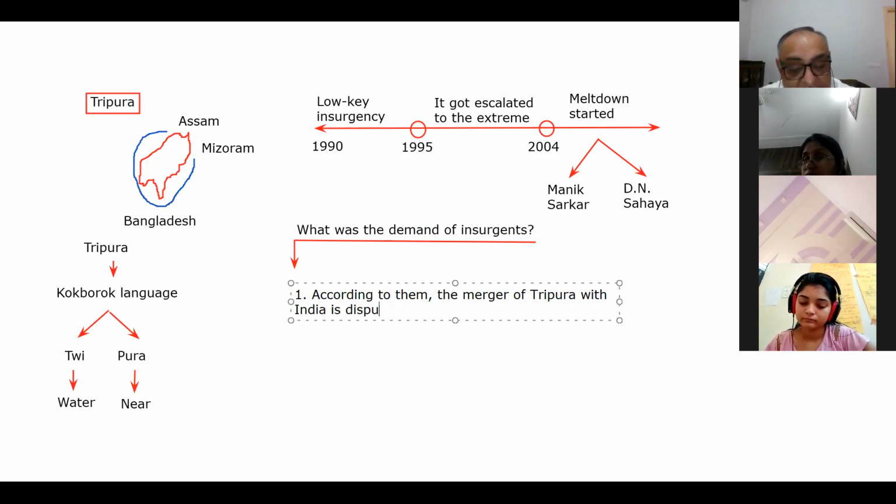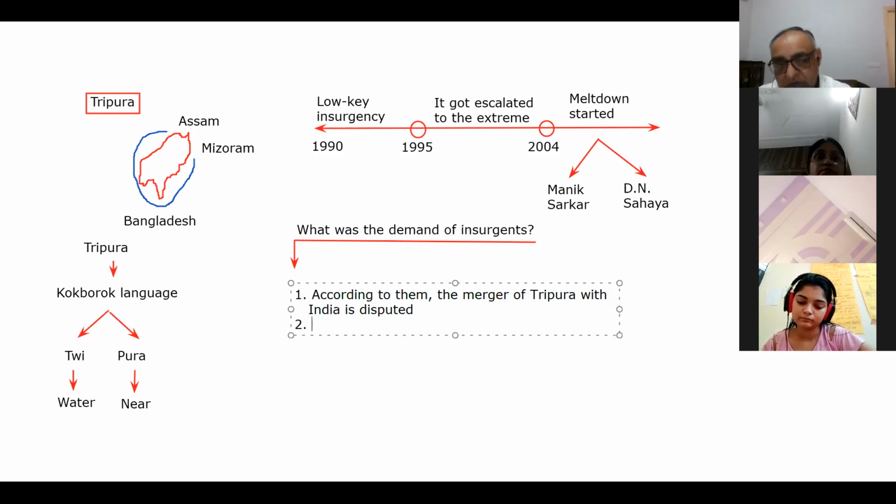So there is one section which holds this view कि त्रिपुरा को भारत में शामिल करना उनके रूलर की गलती थी, उस समय जो रूलर थे। दिस इज वन, राइट। दूसरा, वो क्या मांगते हैं?